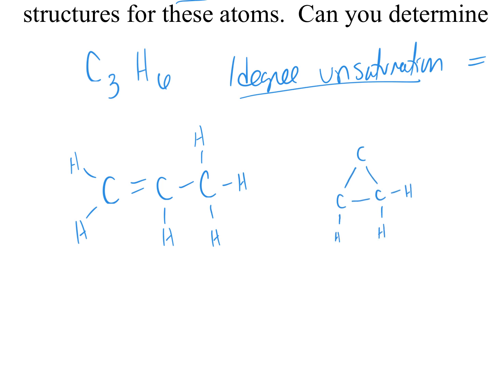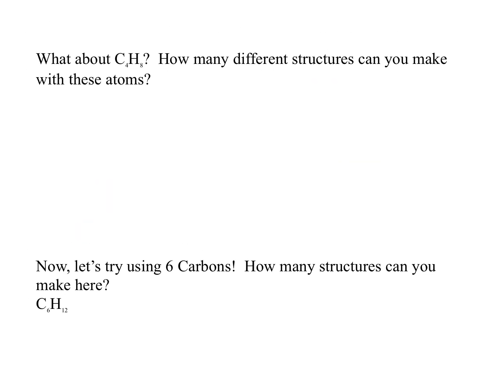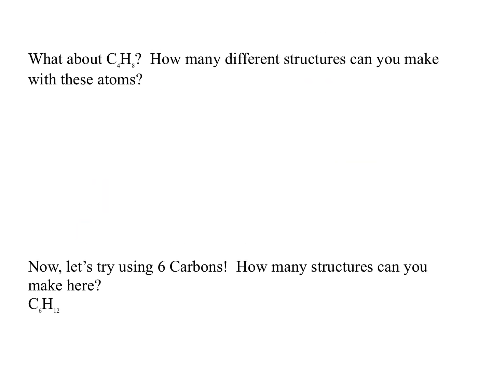This is what you would call a structural isomer. Isomers are different arrangements of atoms in space, even though they may have the same formula. Okay, so let's look forward.